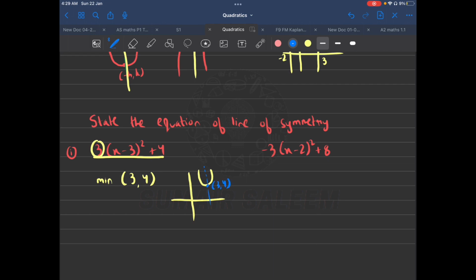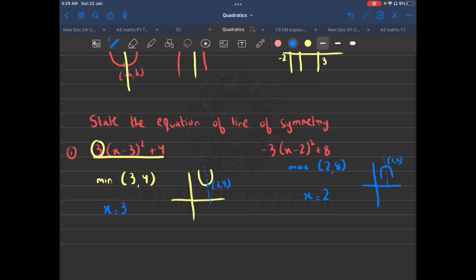So my equation of line of symmetry will be x is equal to 3. Here, what's my turning point? It's maximum, 2 comma 8. So the graph will look somewhat like this, and the line of symmetry will pass from here. So my equation of line of symmetry will be x is equal to 2.